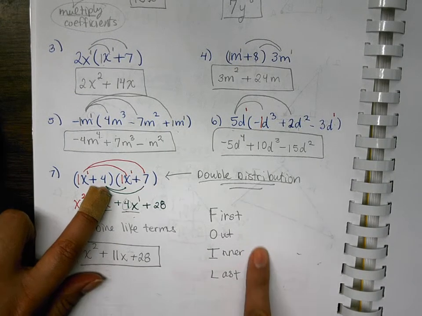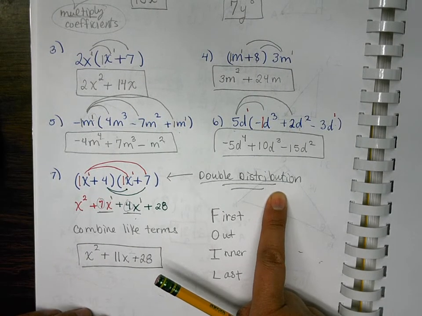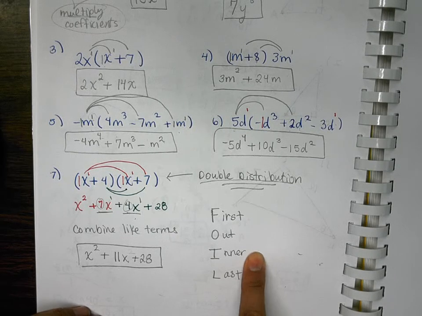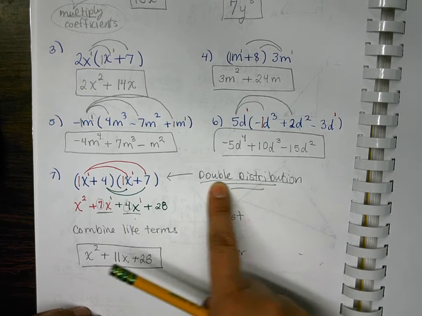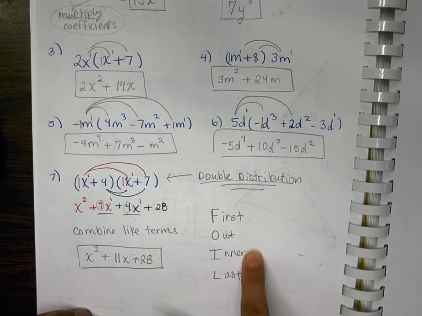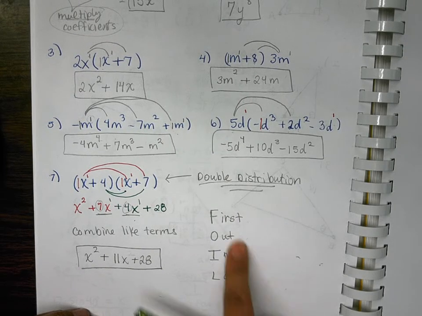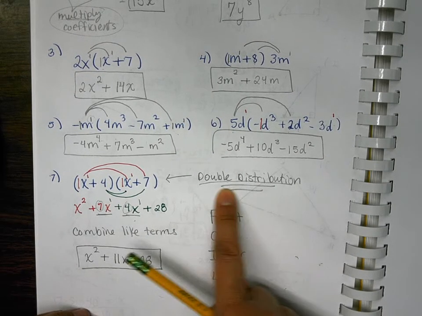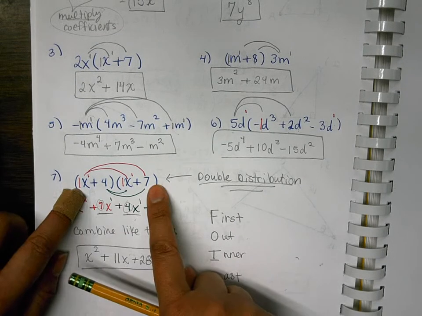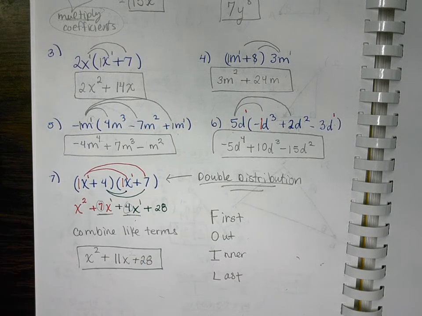Any of you like the FOIL way? Any of you like just thinking of it as double distribution? I like double distribution because when you do triple distribution, you can't call it first, outer, inner, last. So I typically refer to it this way, but this way has been used for so many years that I still call it that every now and then. So know it, so that when you hear me say it, you know that the FOIL means the same as double distribution. First, outer, inner, last.